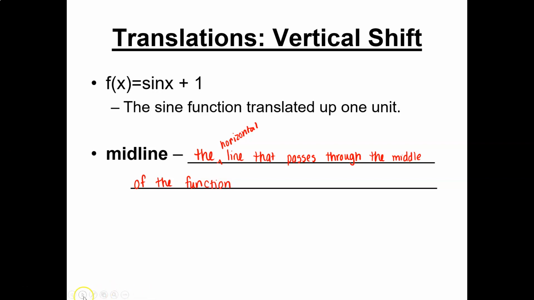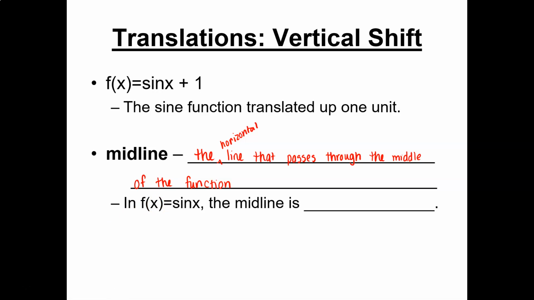So in just the regular sine function, the one you just graphed on that other paper, what is the midline for that graph? What equals 0? Y equals 0, which is your x-axis. Right, so originally the midline of a function is just that x-axis, y equals 0.